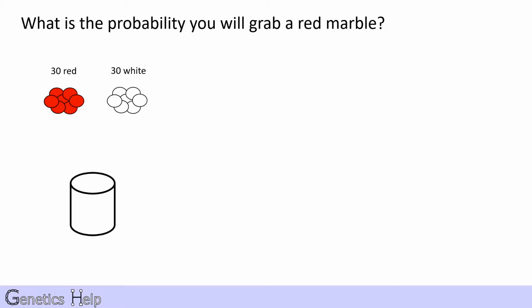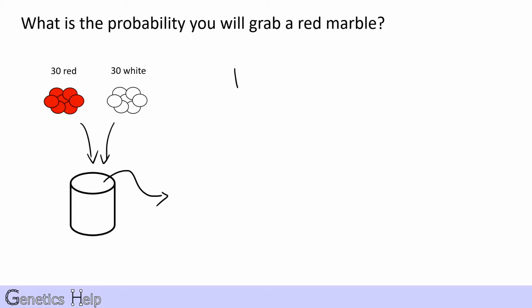So just to look at the math of how this works, here's just another example. If we were to look at the probability that you would grab a red marble, if we were to mix a bunch of marbles together that were 30 red and 30 white, and we threw them into this container here and then grabbed one out, let's figure out what the probability would be that you would grab a red marble.